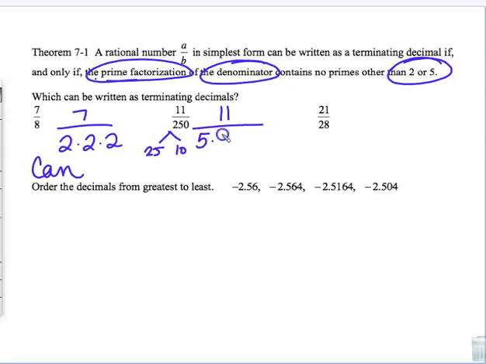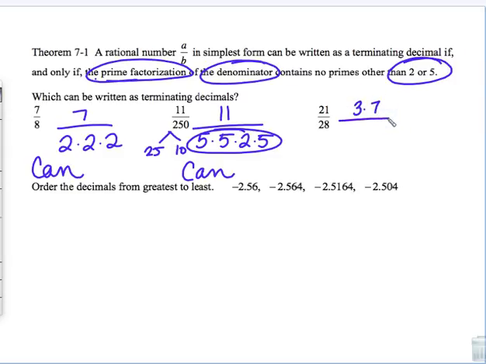The 25 would be 5 times 5. The 10 would be 2 times 5. And we see all of these prime factors in the denominators are 2s or 5s. So this can also be written as a terminating decimal. On the third one we have 21 is not prime, so to reduce this I'm going to say, okay, 21 is really 3 times 7.